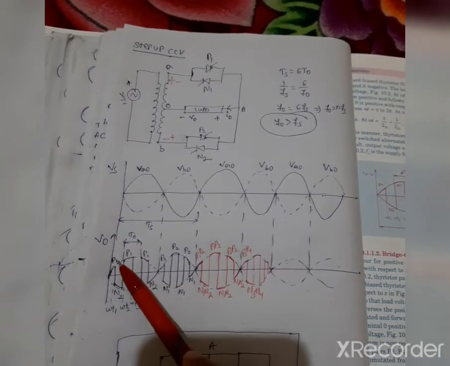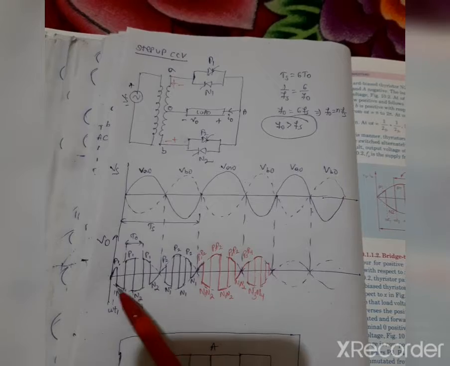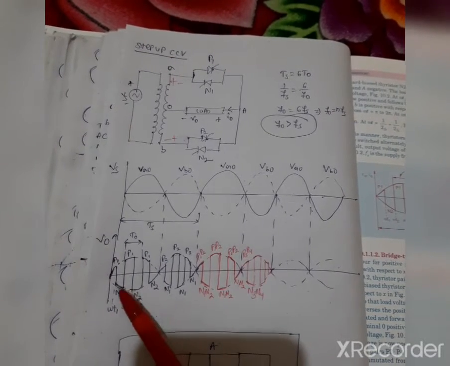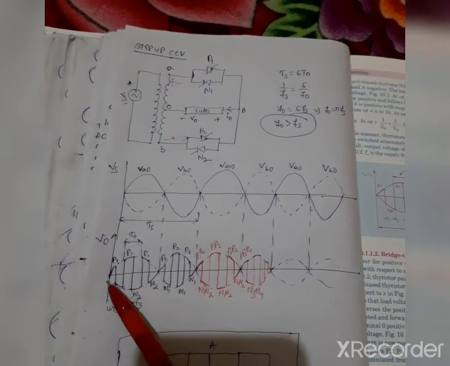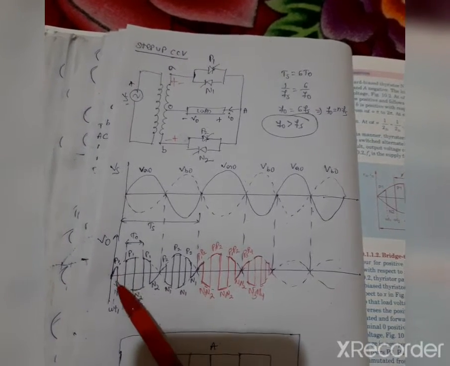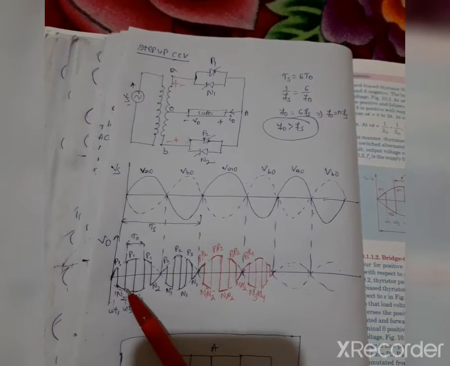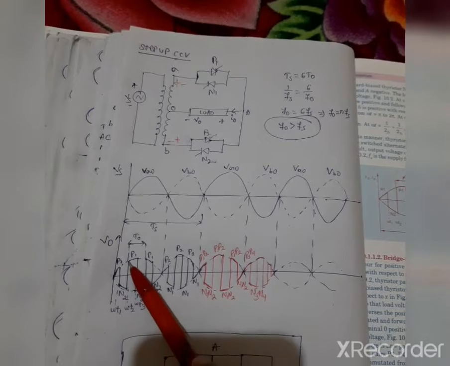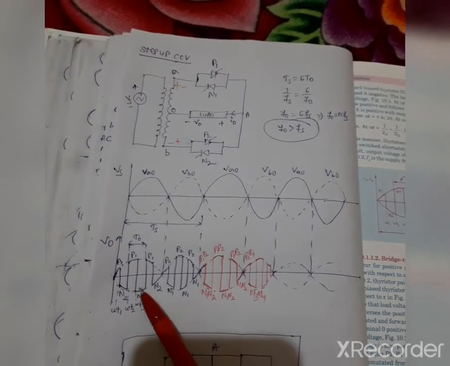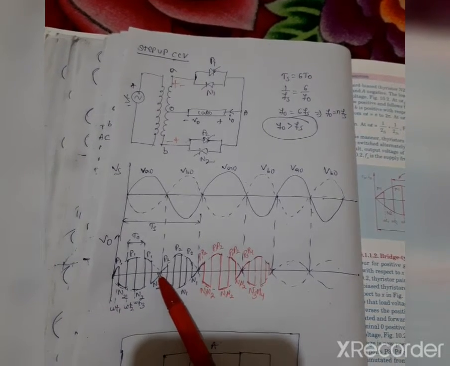Here P1 and N2 are alternatively turned on and force commutated. P1 is turned on, then at this angle P1 is force commutated, then N2 is triggered, then N2 is force commutated, then P1 is triggered, then P1 is force commutated, then N2 is triggered, like this. So this is one positive half cycle completed.